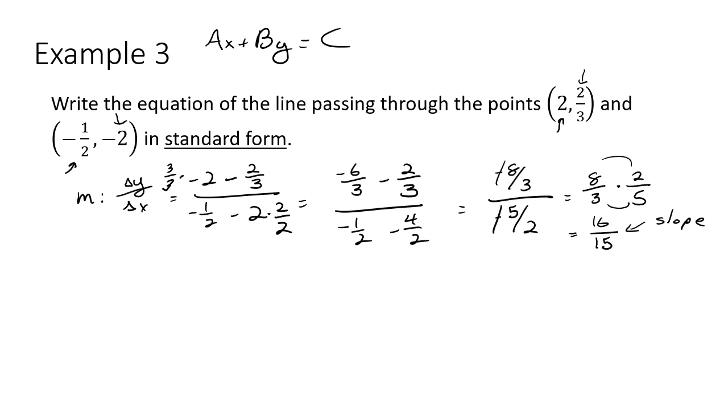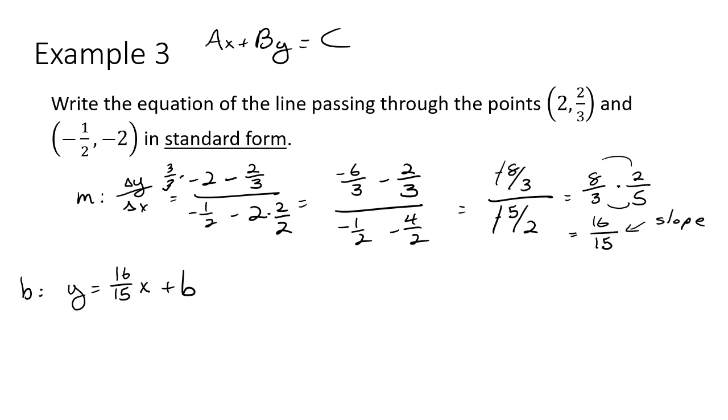All right, so next up, we need to find the y-intercept b. So far we've got y is equal to mx plus b. And I'm going to plug one of these 2 points we started with in for x and y.